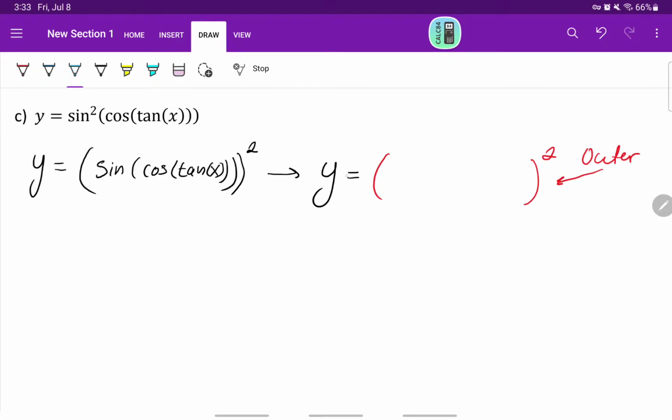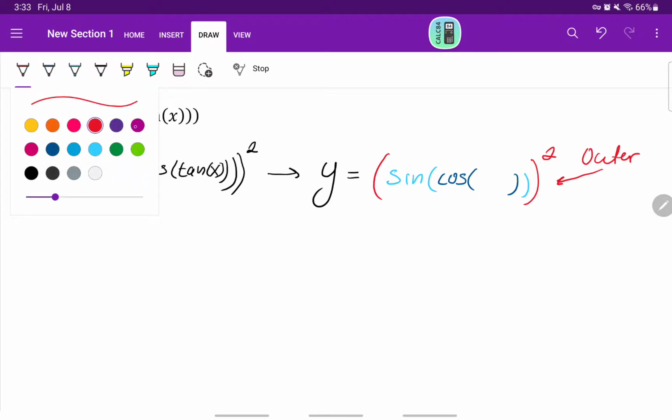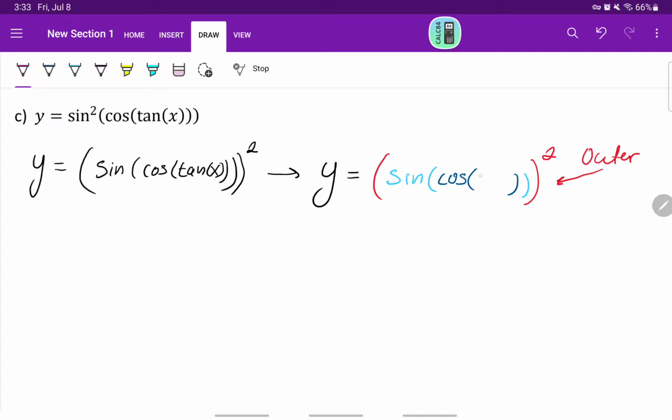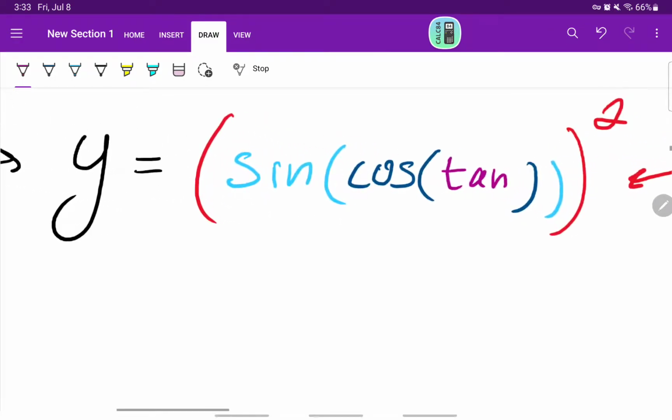The first inner function is going to be the sine function. Sine of. The next inner function is going to be the cosine function. Cosine of. And the third inner function is going to be the tangent function. Tangent of x. Let's zoom that in.